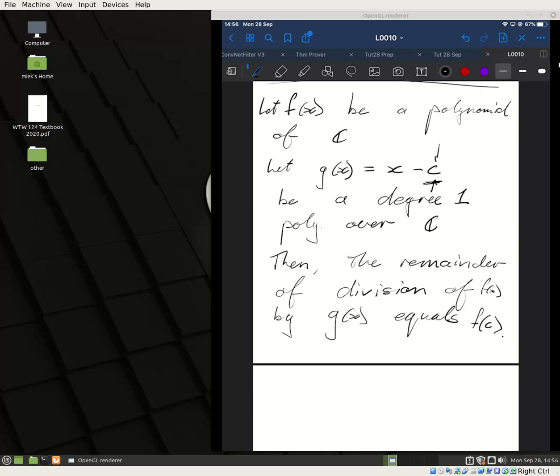The C is this constant, or let's say minus the constant term in our polynomial g. And notice here we've got a minus C there and we've got a plus C there. So that is not a mistake. That is indeed correct. So the remainder is given by just evaluating the polynomial at C.